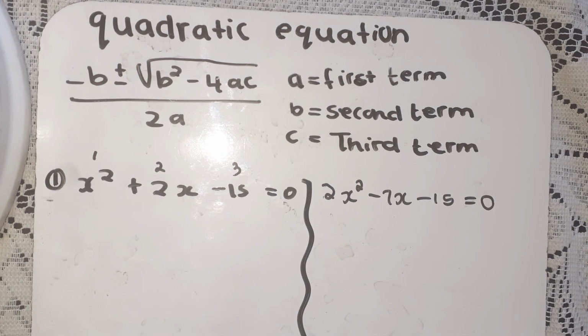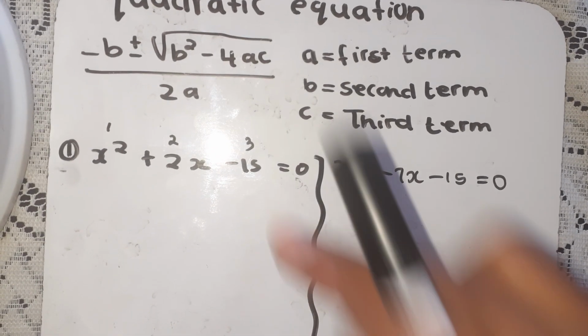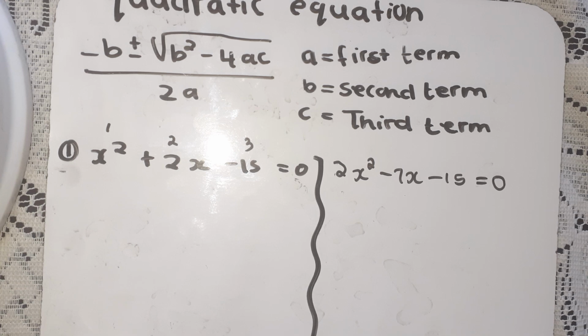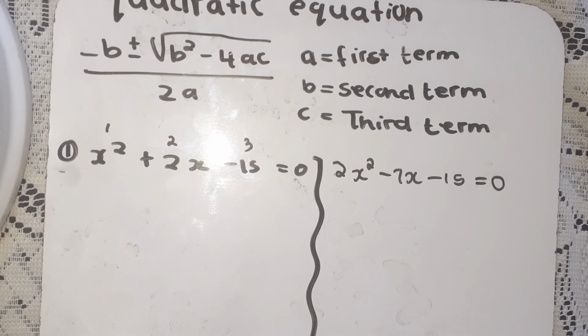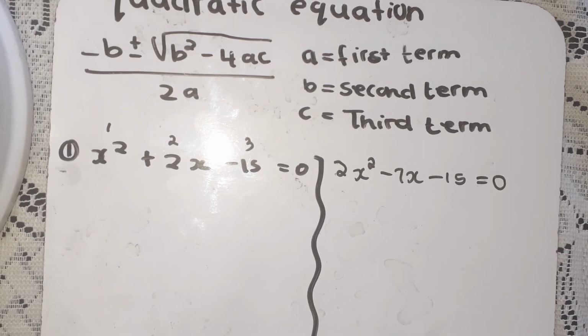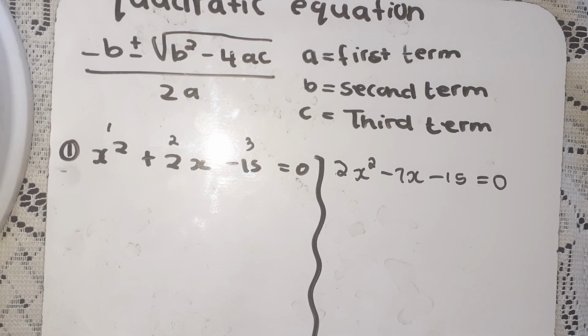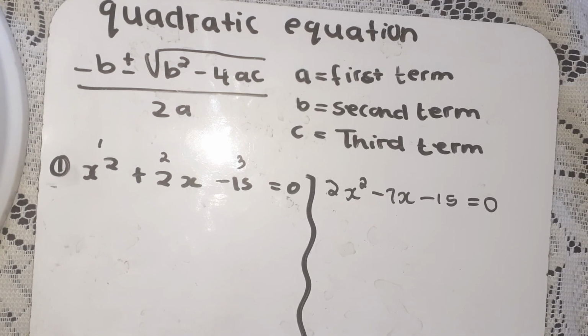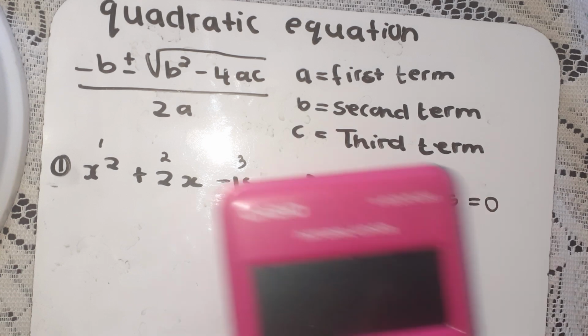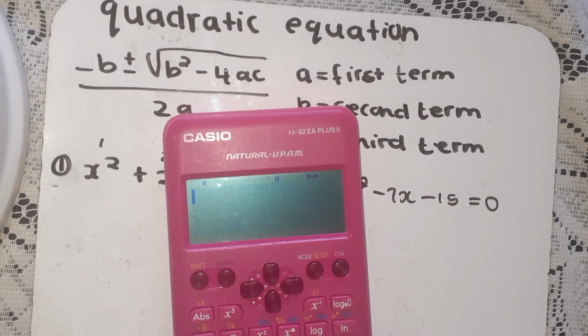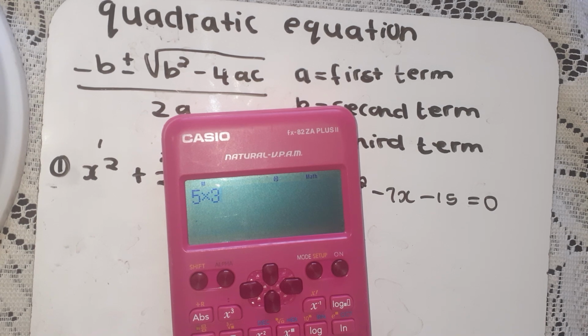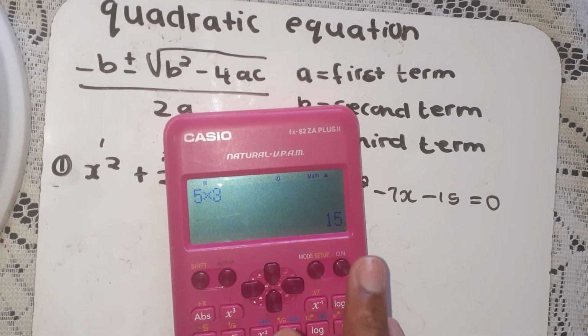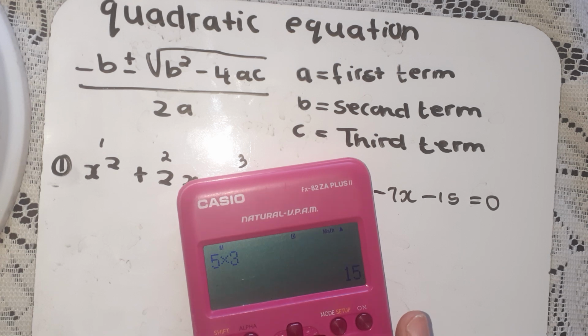And how we used to do it before using this one is that you find values that when you multiply them together, they give you negative 15, and when you add them, they give you 2. In your calculator, when you say 5 times 3, that will give you a 15, but it's not negative.